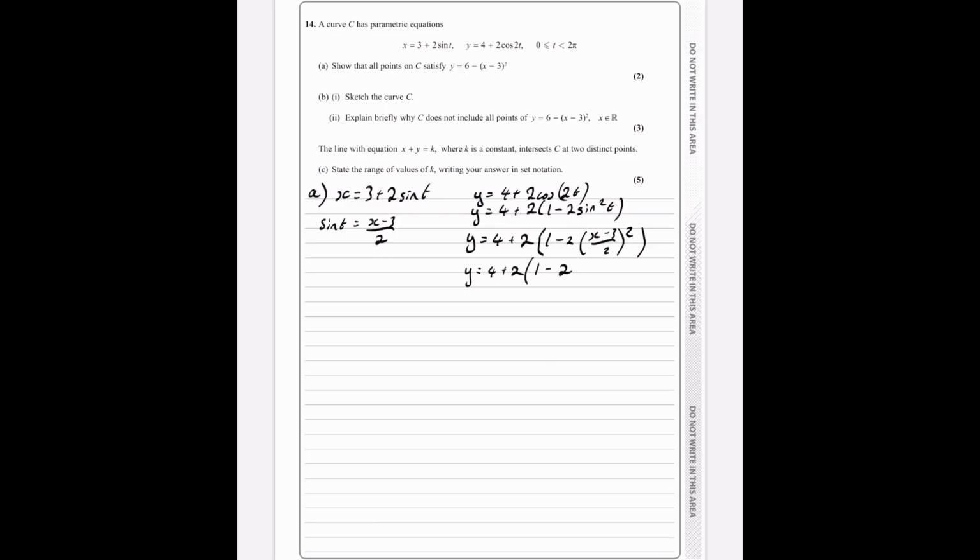Okay, so I'm going to square the x minus 3 and square the 2 separately in the fraction. That gives us that fraction over 4. I can simplify that fraction down.